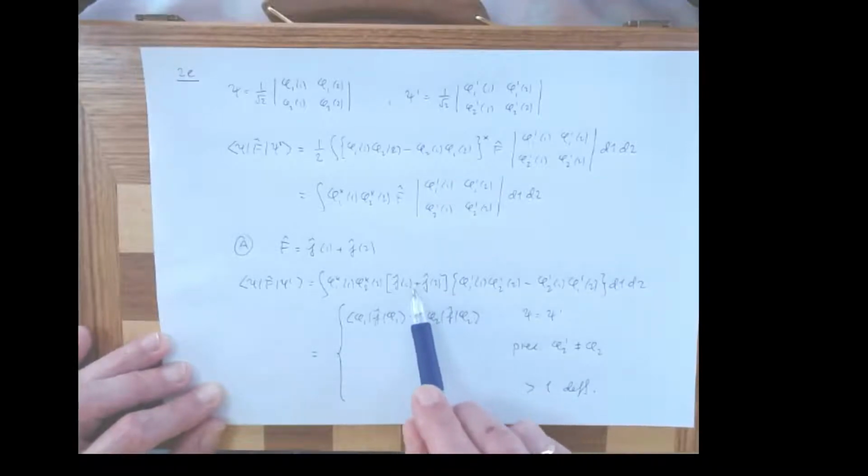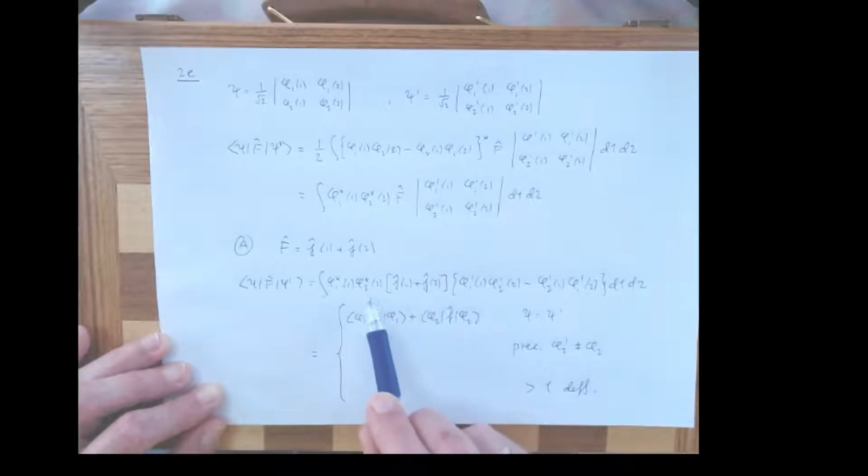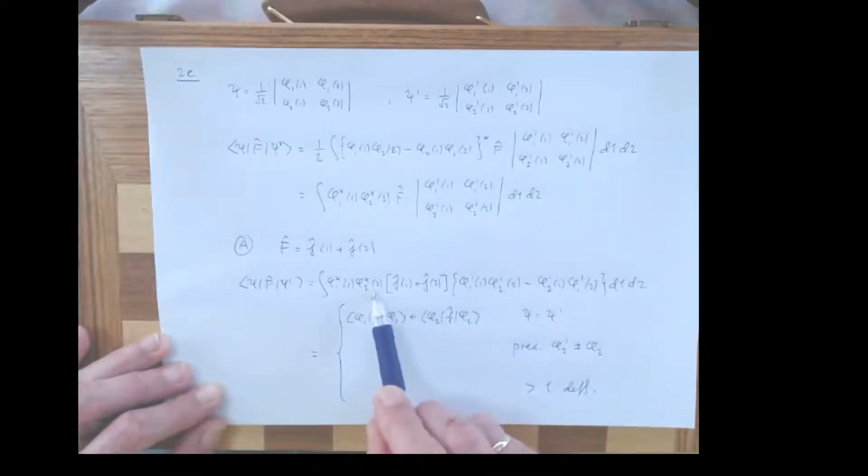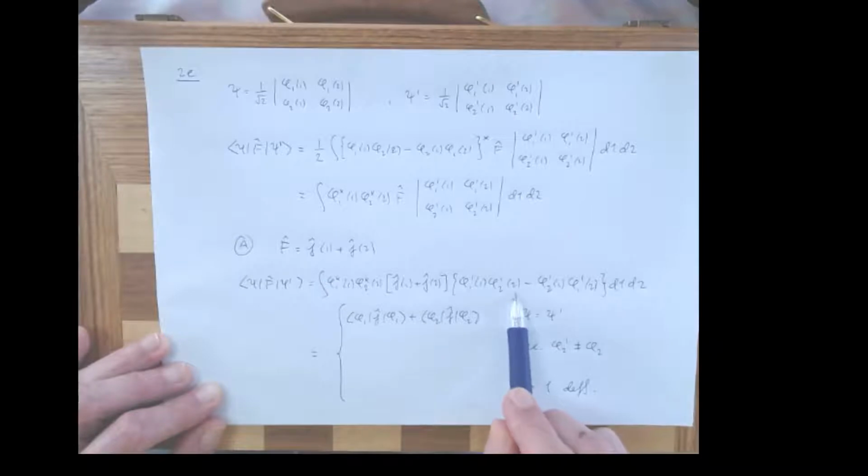Then I have the second operator. So the first term will be this one with this one, that the one integral gives me 1. But then I have 2 and the f operator and 2 prime. And that is not necessarily 0 because 2 and 2 prime are orthogonal.